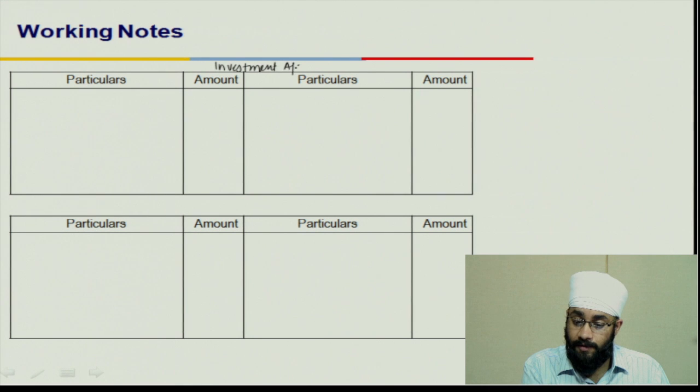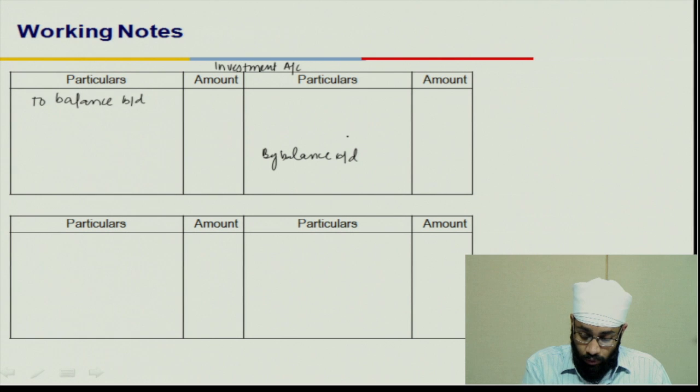So we prepare investment account, and because it is an asset, we have opening balance on the debit side and closing balance on the credit side. The opening balance given is 100,000 and closing balance is 120,000.